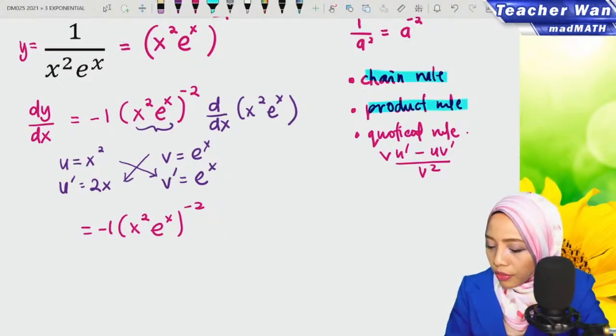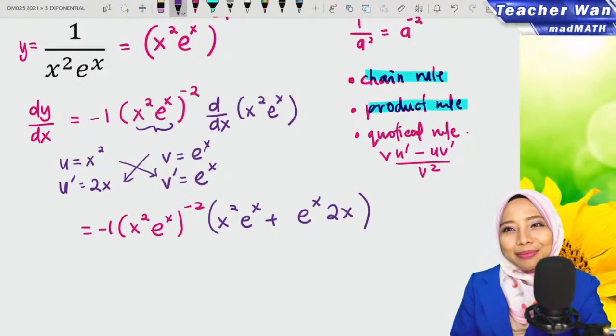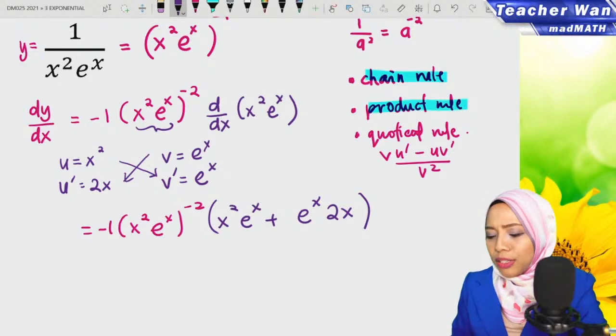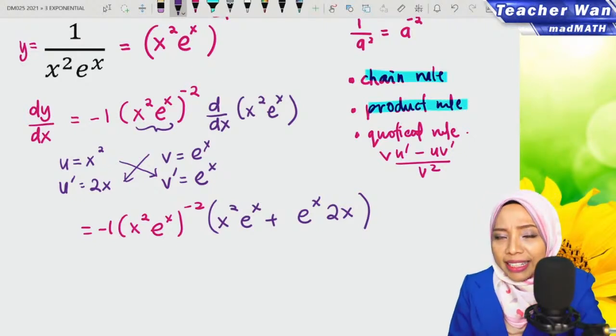So I write down x squared ex plus u v prime plus v u prime, ex times 2x. So this one, to get this is not a problem because most students can solve it.